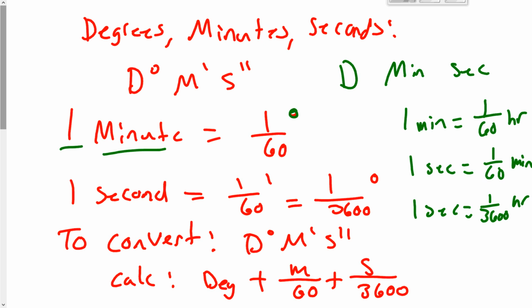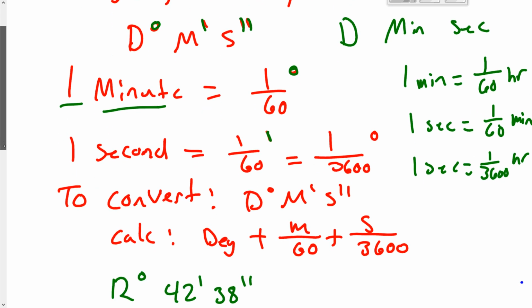A minute is labeled with an apostrophe, and the seconds is 2 apostrophes. So we have a degree symbol, apostrophe for minute, and double apostrophe for seconds. And so it's just like the conversion of hours, minutes, and seconds. There's 60 seconds in 1 minute. There is 60 minutes in 1 hour, same as degrees, and there's 3,600 seconds in 1 hour. Right, so it has the same conversion.